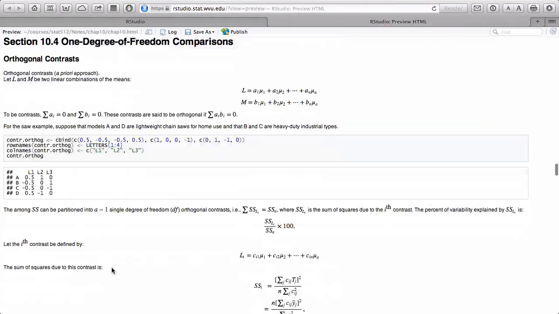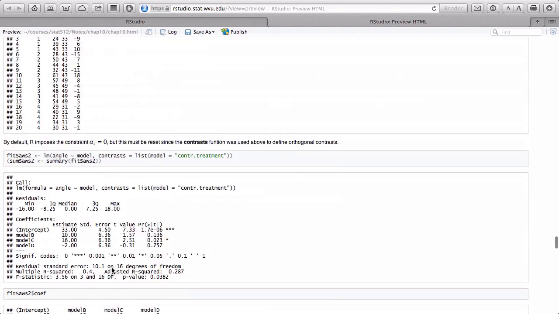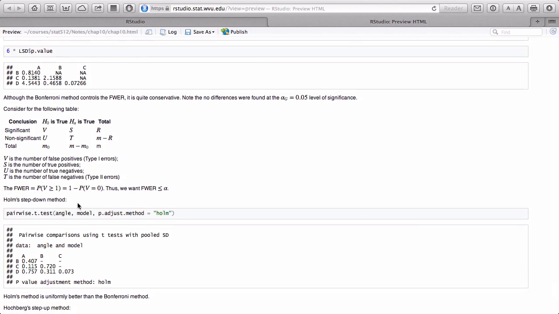Now I want to talk just a little bit more about this last section. We were talking about this table in particular, which was the key thing, and I just wanted to point out one thing to you. With these procedures, we're not talking about the ranked means, we're talking about the ranked p-values for most of the procedures.